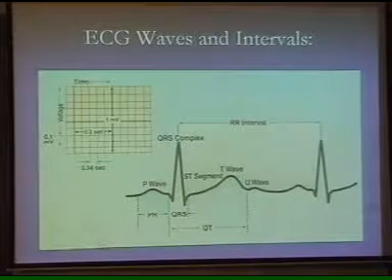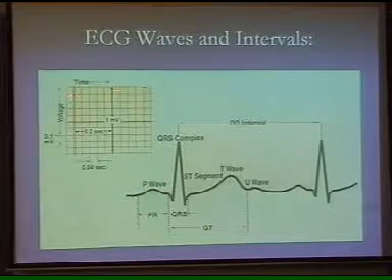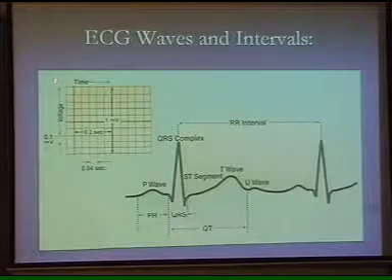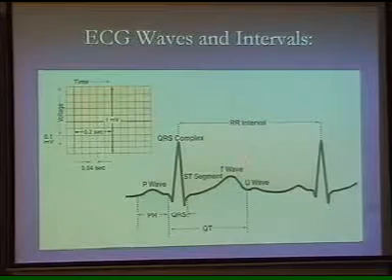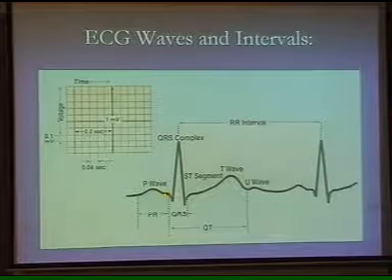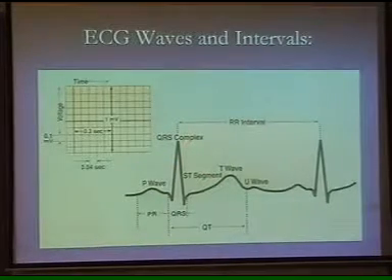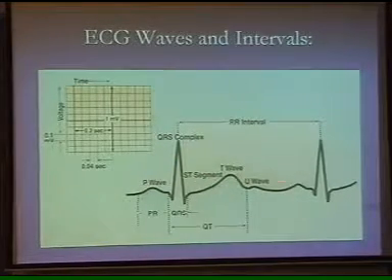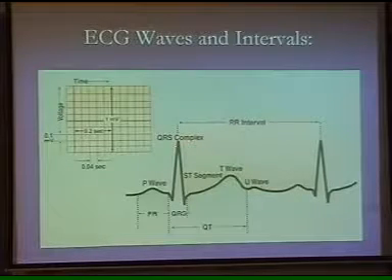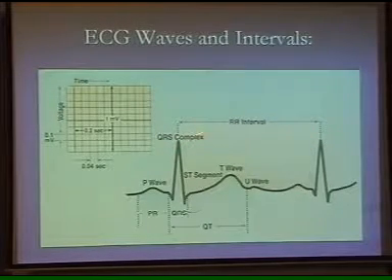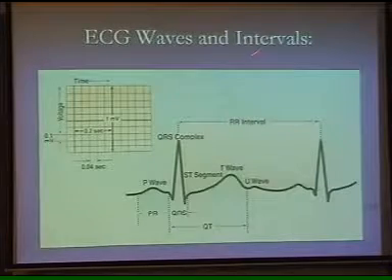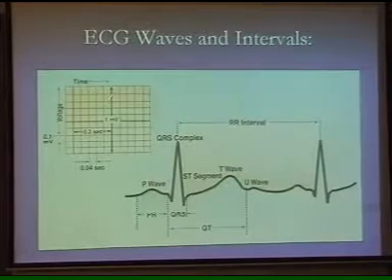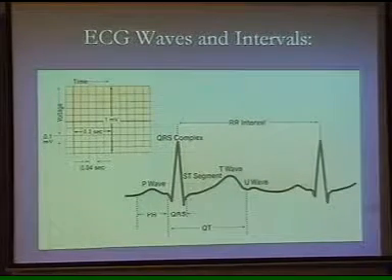Now, this is time along the x-axis, and that's the voltage along the y-axis. So when you look at this QRS complex, this way you'll be looking at the voltage, and this way you'll be looking at the time. So the interval between this and this, you'll be measuring that, and then you'll compute it according to the speed of the paper.